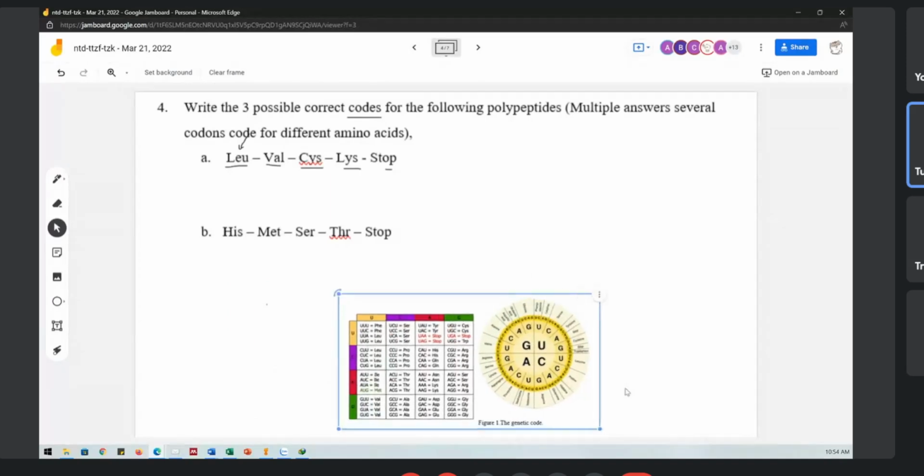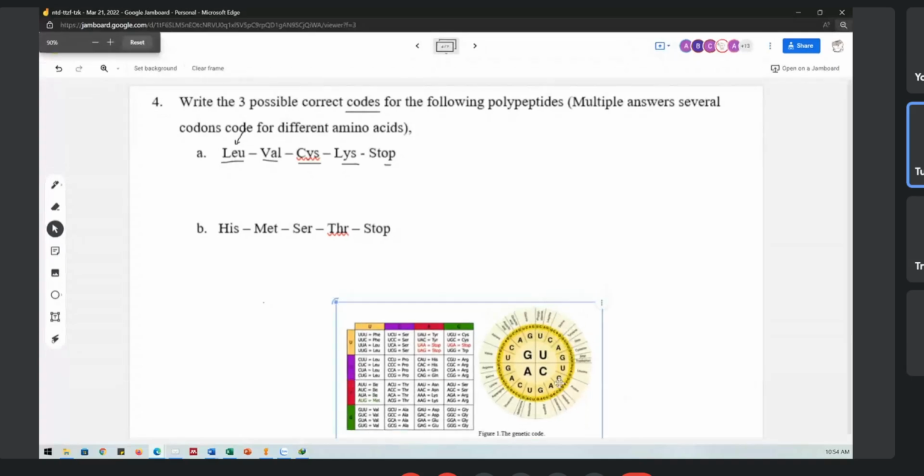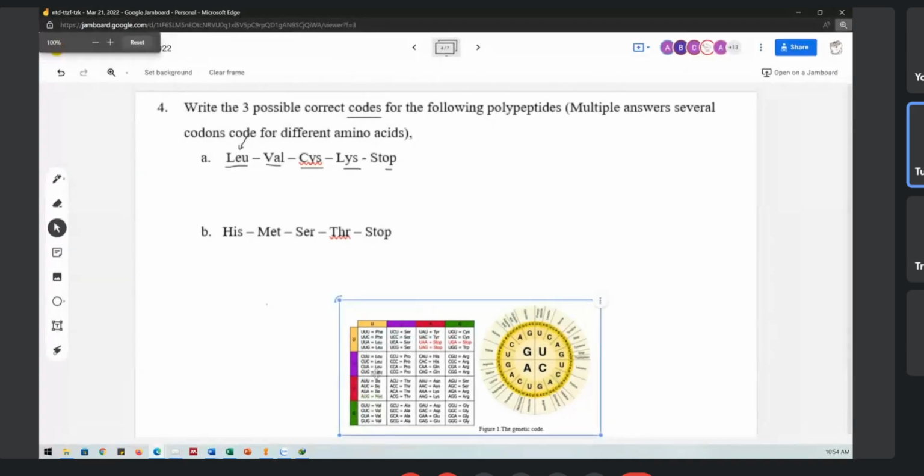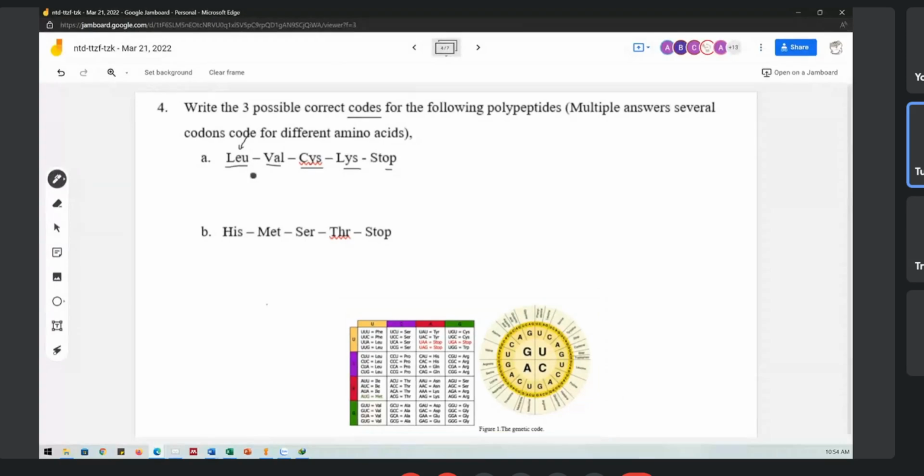What we do with the table is look at which amino acids we have and which codes we can use to translate into that amino acid. So, for example, we have leucine, and you look at the table, there are 6 possibilities for leucine, and you can use any one of them.